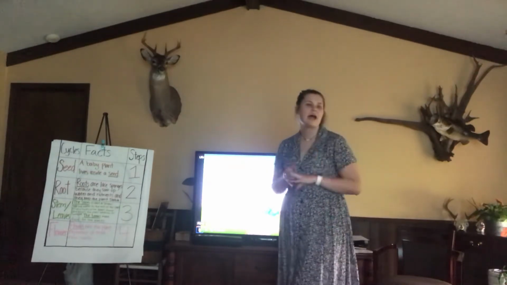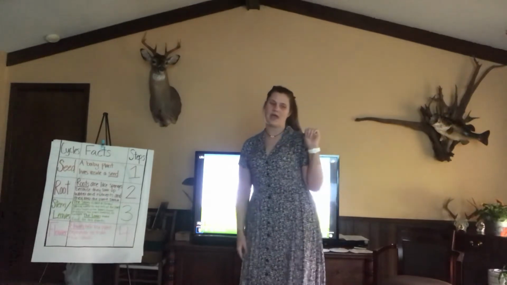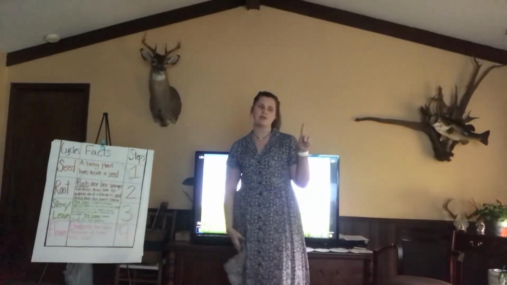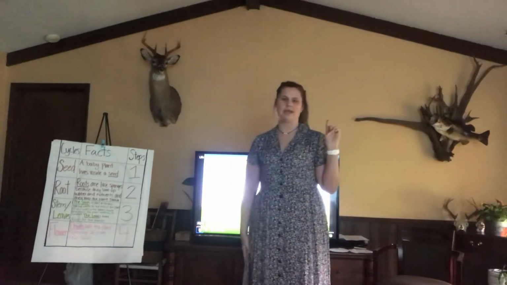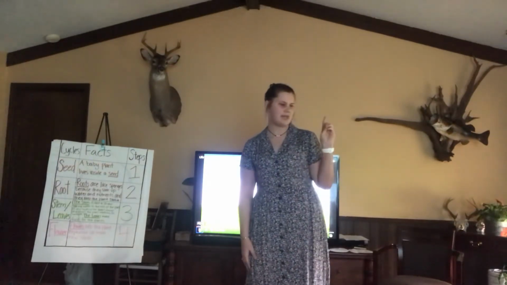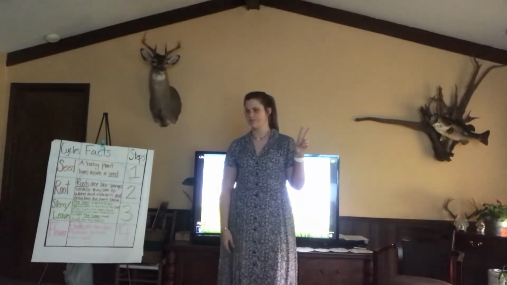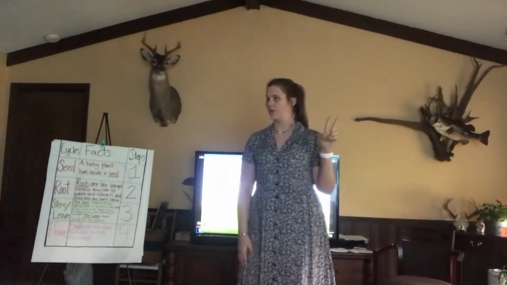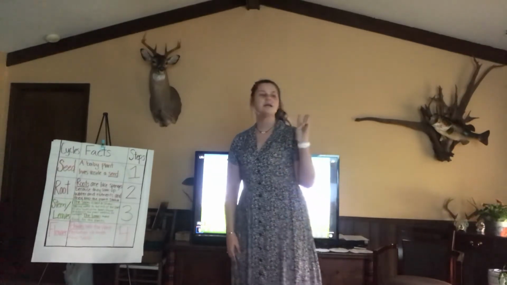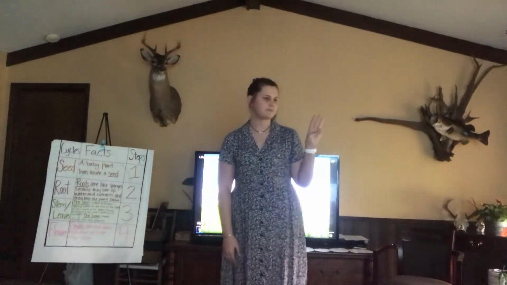Okay? So the life cycle of a plant includes 4 different steps, okay? Everybody say it with me. Step number 1, seed. Step number 2, root. Step number 3, stem and leaves.